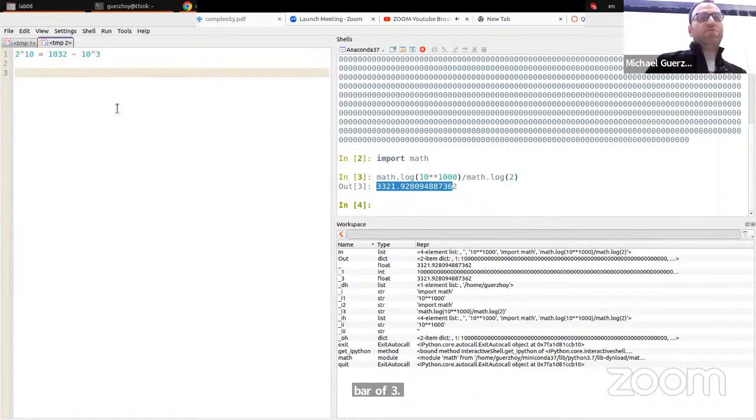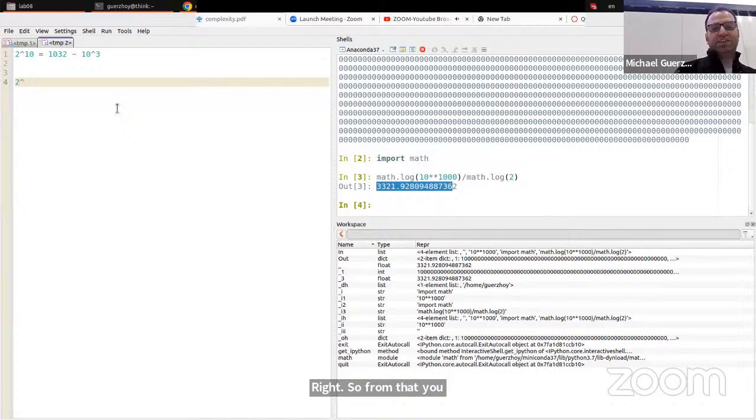From that, you can get anything. That means 2 to the power of 10 squared is 2 to the power of 20, which is approximately 10 to the 3 squared, which is 10 to the 6.